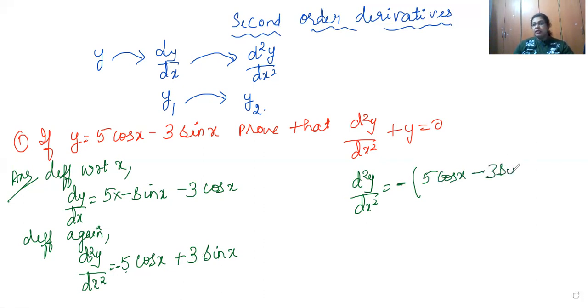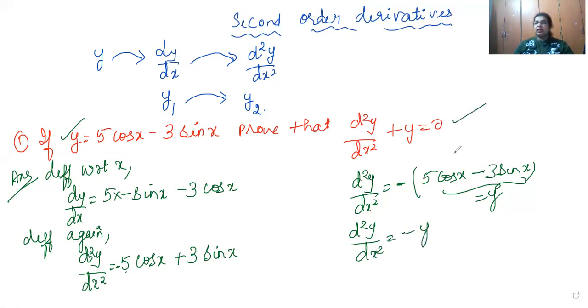Plus 3 sin x, minus 3 sin x inside. As you see, who is this? Nothing but the question y. So d square y by dx square is equal to minus y. Shift minus y to the left side, you are getting the required answer: d square y by dx square plus y is equal to 0.